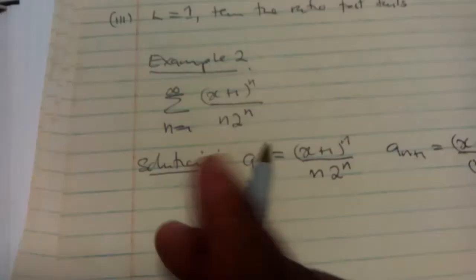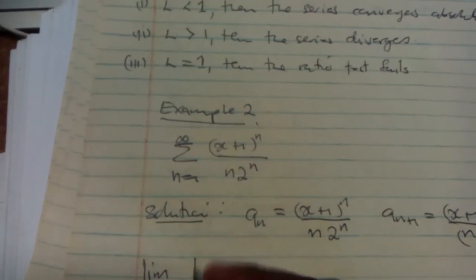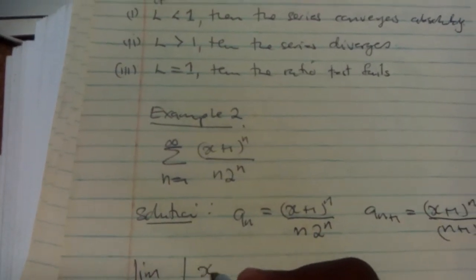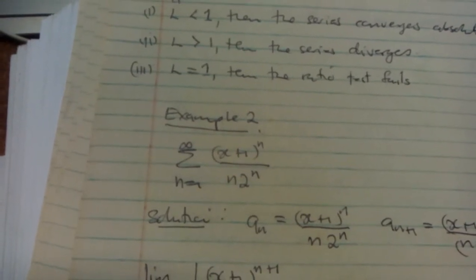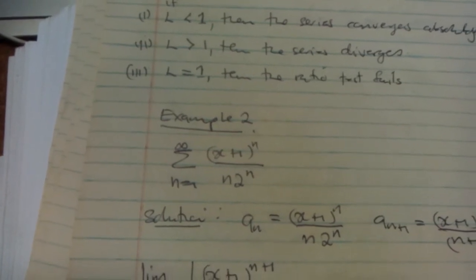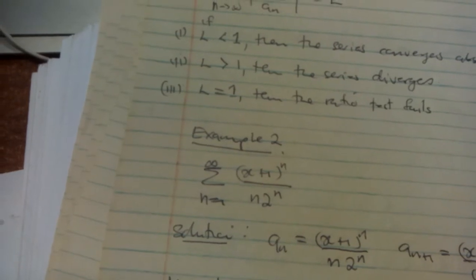Then we calculate the limit here. The limit as n goes to infinity of what? (x plus 1) to the n plus 1 over (n plus 1) times 2 to the n plus 1, times, dividing by this term here is the same as multiplying by n times 2 to the n over (x plus 1) to the n.